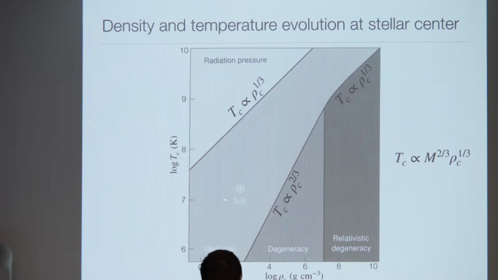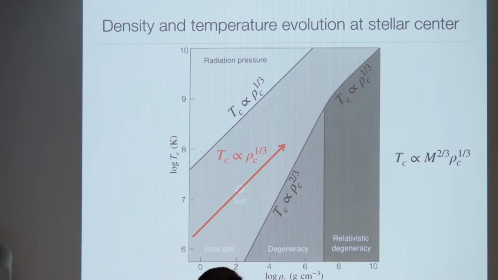What does it mean? Here's a point for the sun, the actual point from the sun. Once the mass is fixed in a star, then temperature should be proportional to the 1/3 power of the density. So the sun is only allowed to move along this line in this plane.